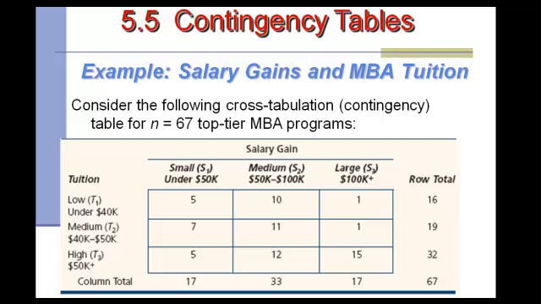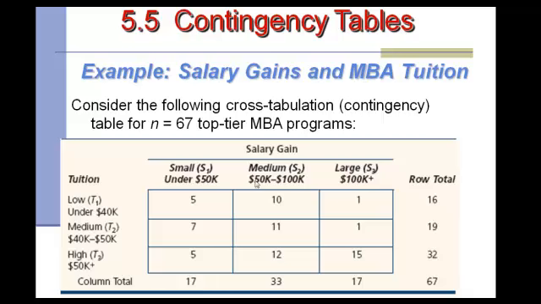So in this case, a small salary gain, meaning under $50,000 a year, was estimated from these different institutions. So 17 of the 67 had small salary gains.